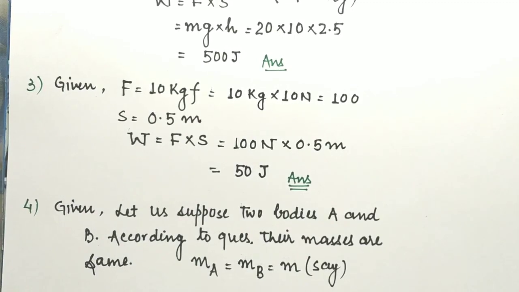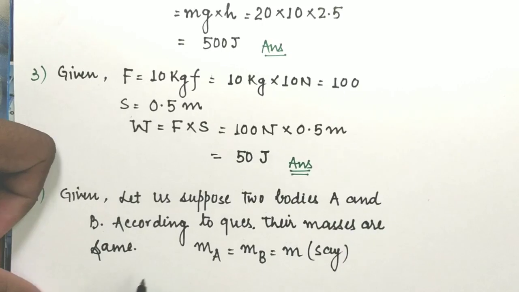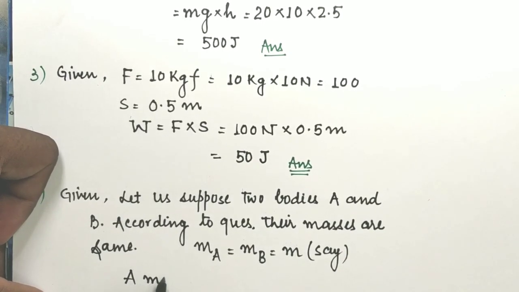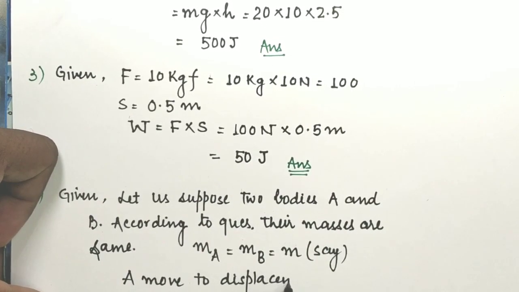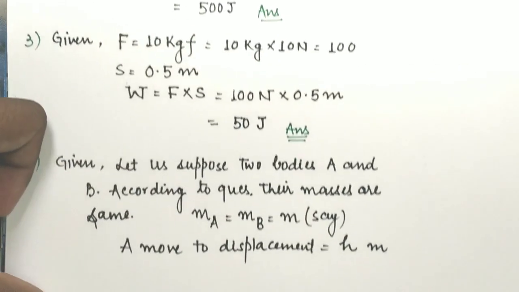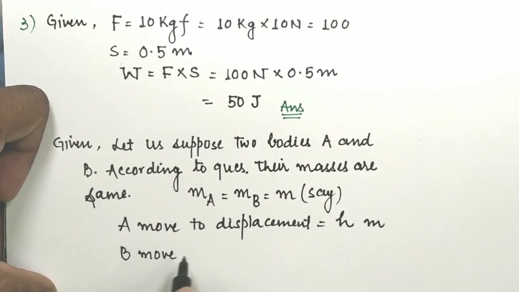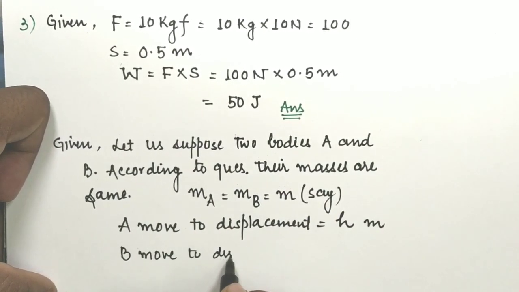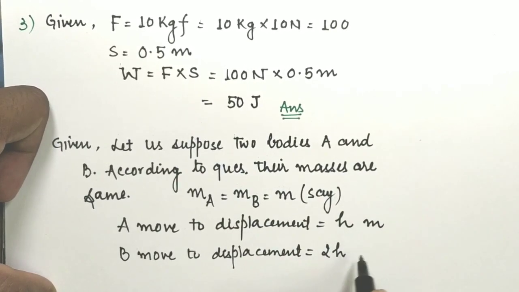So what we have to calculate: if a body A moves to a displacement by a height h meter, and B moves to a displacement by 2h meter.